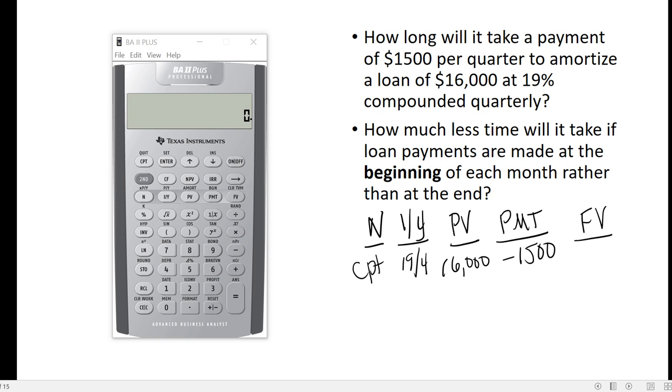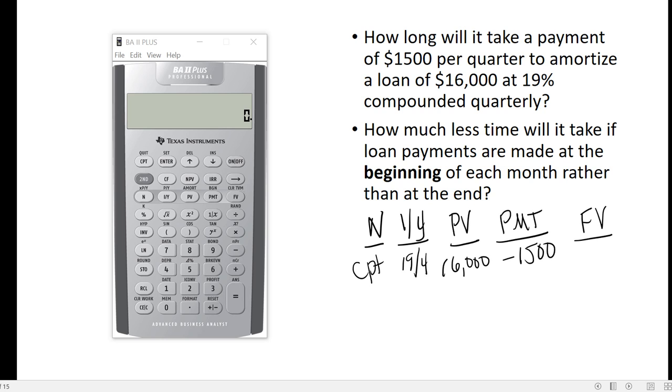So at the bottom of the screen, you can see that I have the time value of money keys, and I have what we're going to plug into those. So we're computing for N. Our IY is 19% compounded quarterly, so we divide 19 by 4. We are borrowing $16,000 because it's a loan. That money is coming to us, so that's positive.